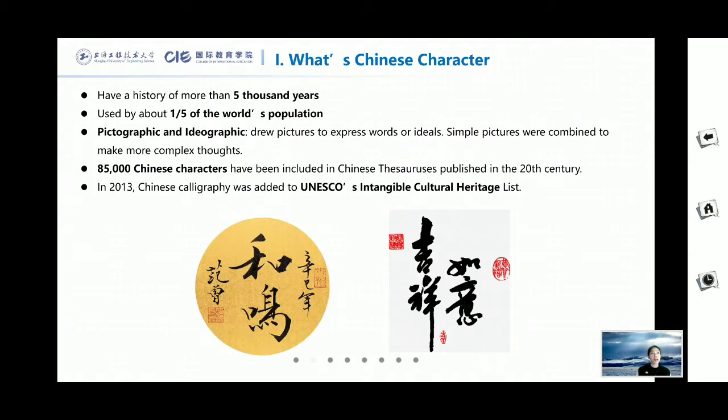Okay, and in 2013, Chinese calligraphy was added to the UNESCO Intangible Cultural Heritage List. Okay, this is some general information about Chinese culture.